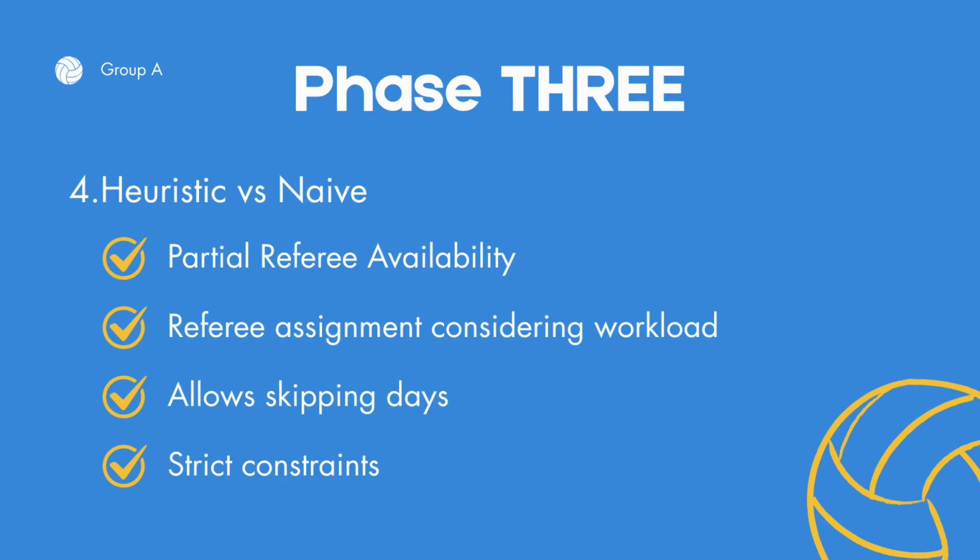So what exactly did we change from the naive version? We added partial referee availability handling. We added workload-based referee assignment. We let the scheduler skip days, and we tightened constraints to avoid messy output. These small improvements added up to big performance gains.